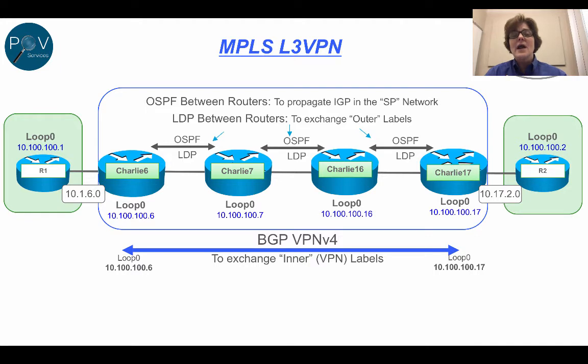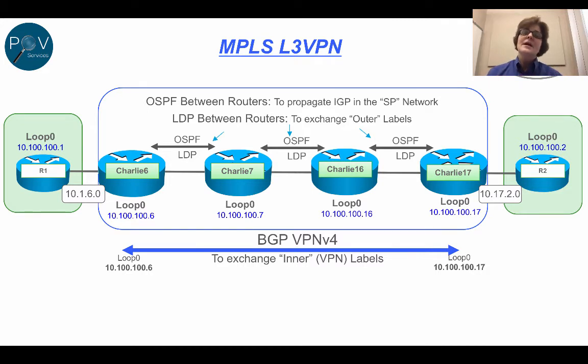Every time we're doing MPLS L3VPNs in an environment similar to this one, we're going to find there are multiple labels. Now, what is MPLS? MPLS is multi-protocol label switching, which is interesting because a lot of people confuse MPLS with LDP, which is Label Distribution Protocol.